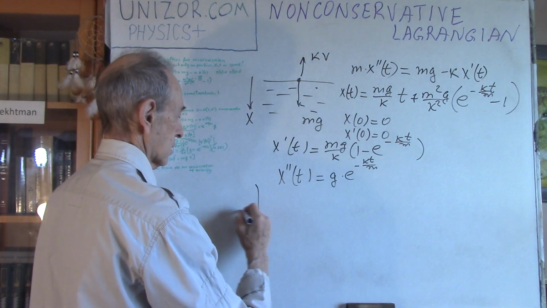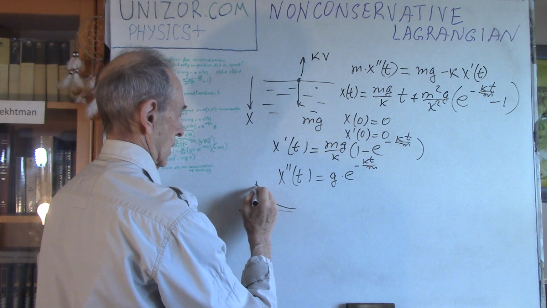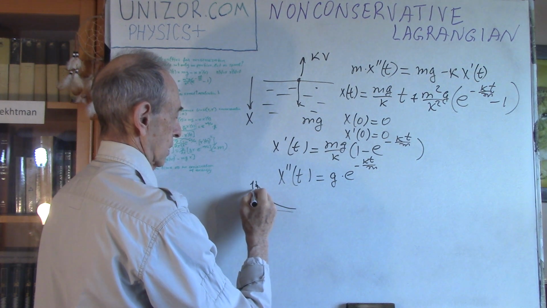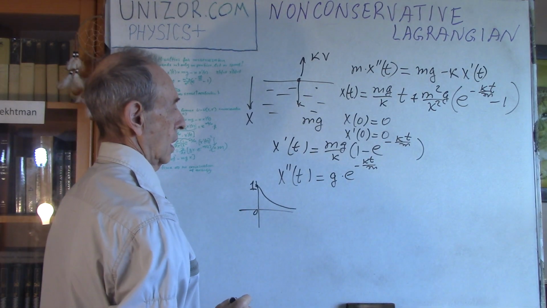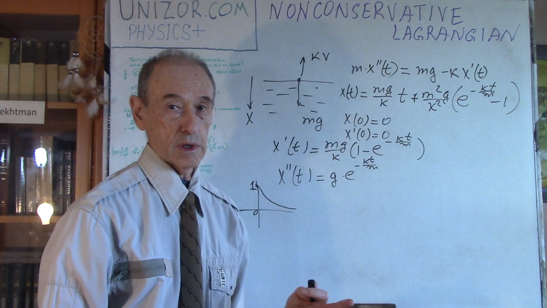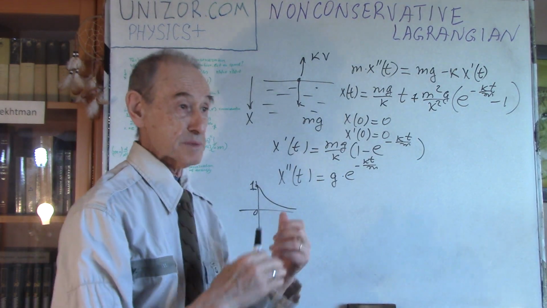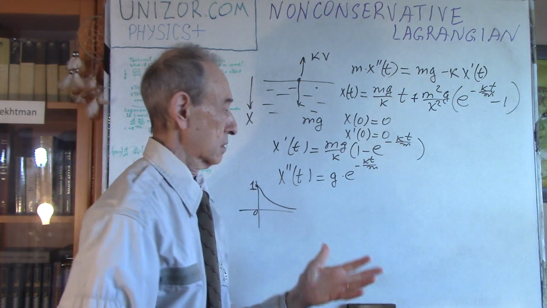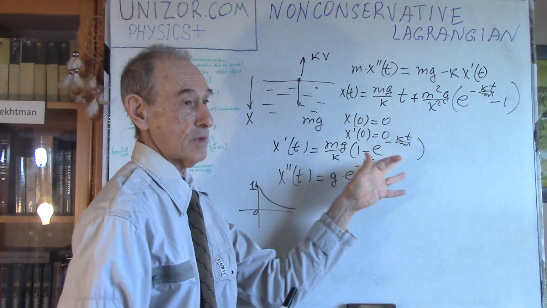The graph of acceleration would be like this. This is 1, at t equal to 0. Now, if acceleration is positive, although it goes to 0, it's positive, which means speed is increasing. So this is an increasing function.